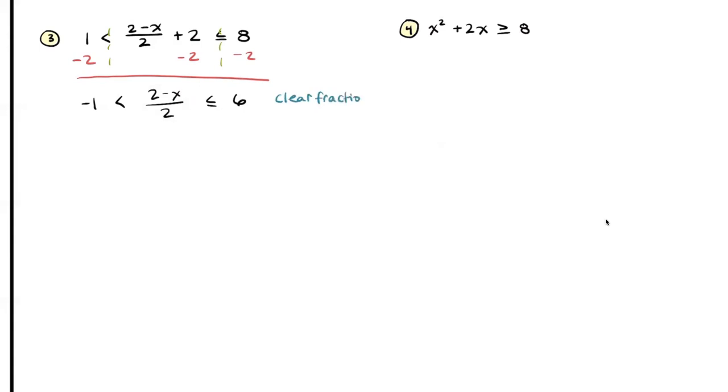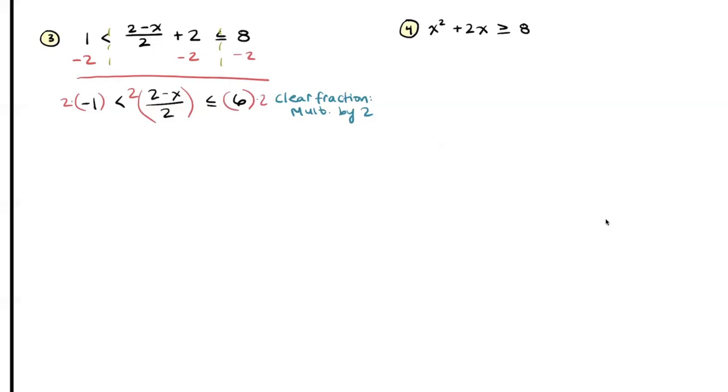So we're going to multiply all three parts of this inequality by 2: 2 on the left side, 2 on the middle, 2 on the right side.